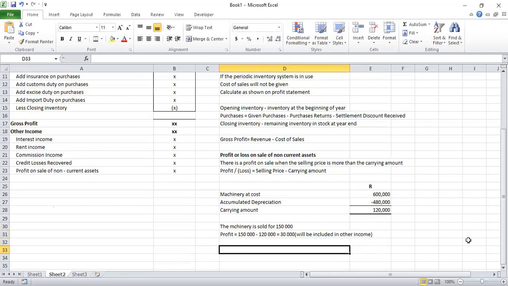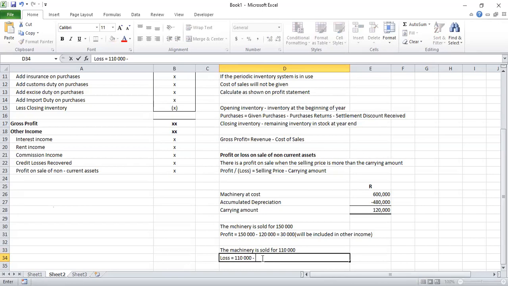But it can also happen that the machinery is sold at less than the carrying amount. Let's say the machinery is sold for 110,000. You'd find that there's a loss which is equal to 110,000 minus 120,000, which is equal to negative 10,000.